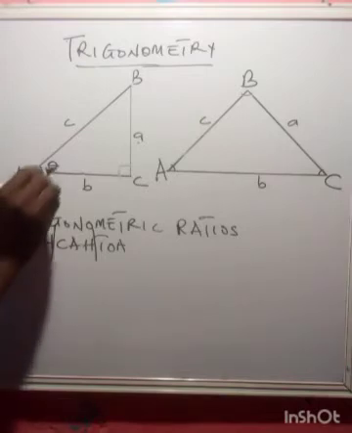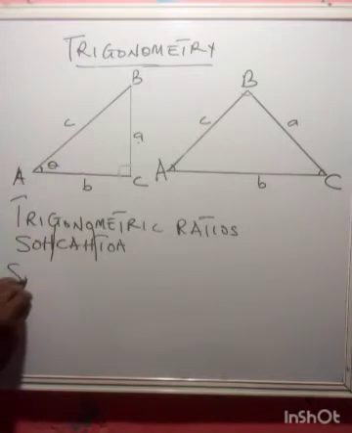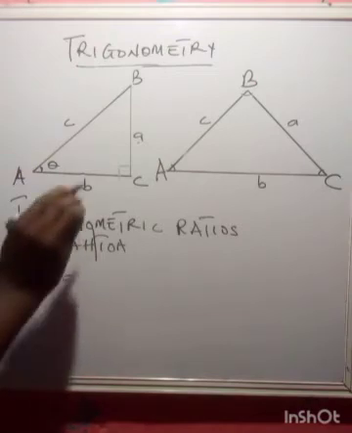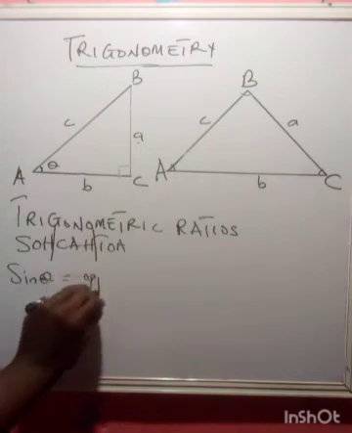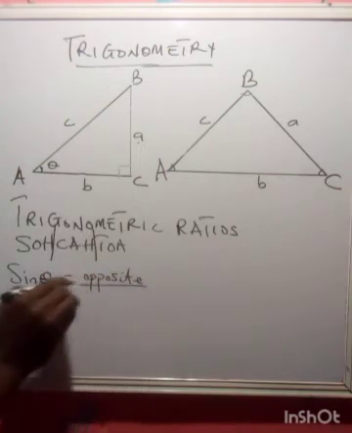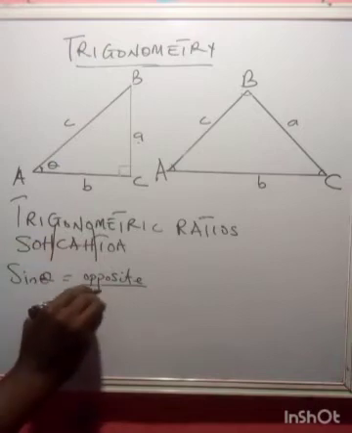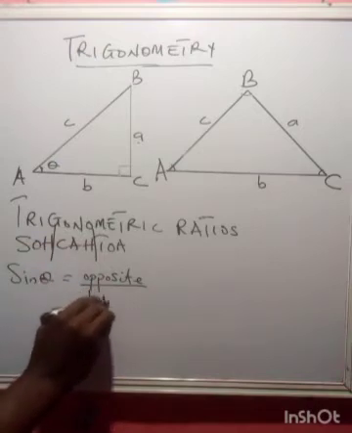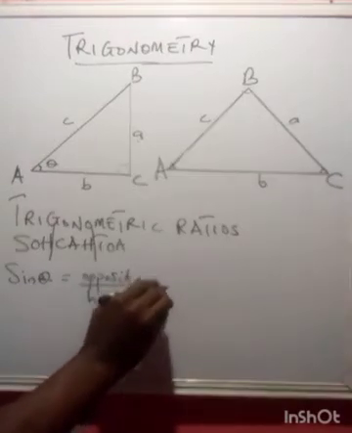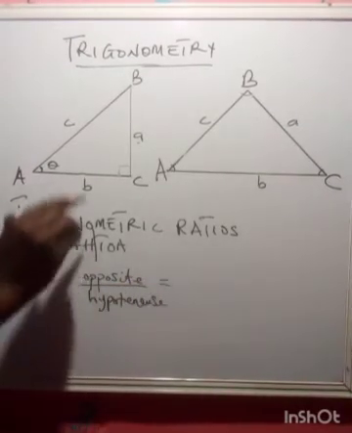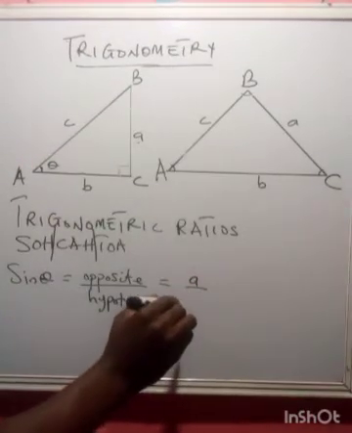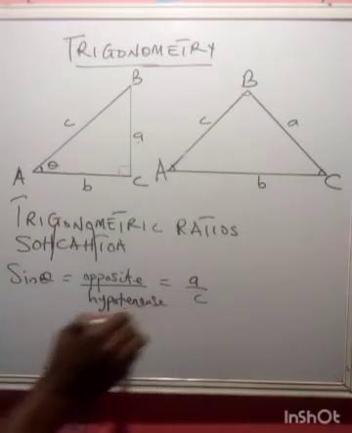Where for this right angle we are saying sine theta. O is for opposite. Remember, opposite is the side facing the angle over what? Hypotenuse. That is H. Our opposite here is A, while our hypotenuse here is C.